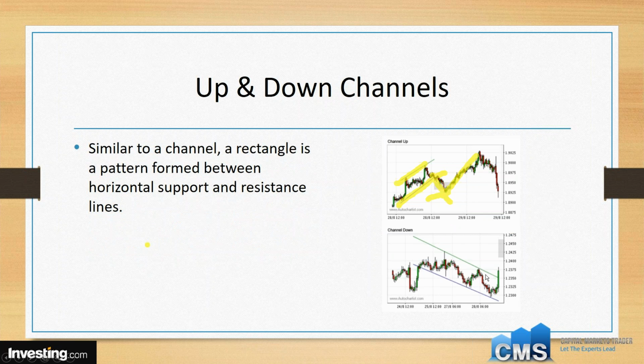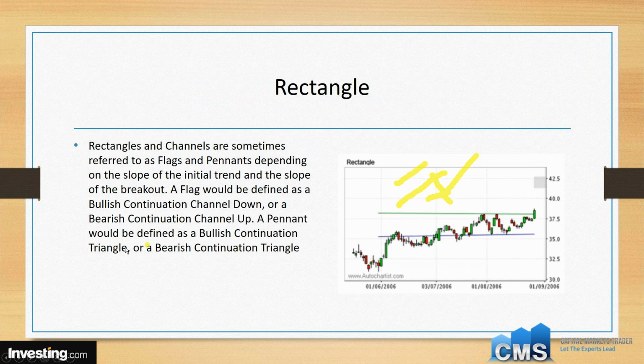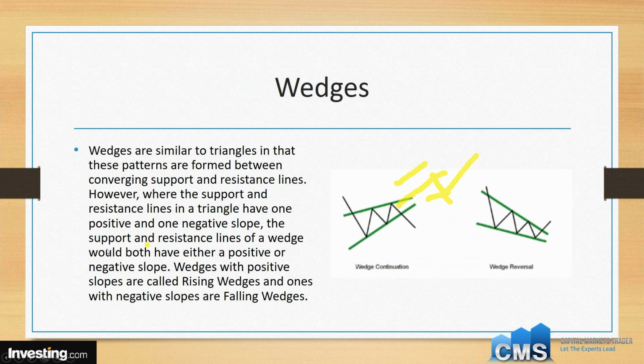Basically you have a channel down and we're expecting a bullish breakout. Here you have a channel up and we're expecting a bearish breakout because you're expecting it to break out opposite of the trend. Like I said, it can then return to the trend line, but it's just a name given to them. It's just easier to call them channels.